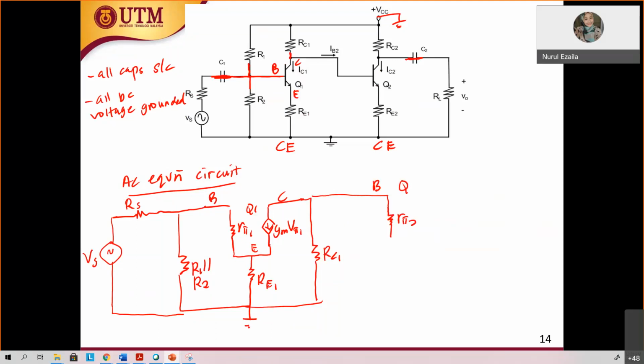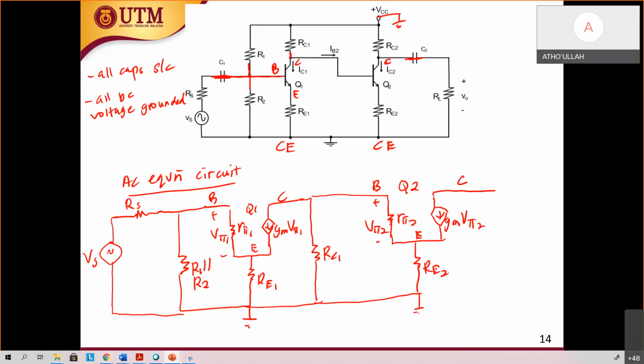So this is Q2, and you have here gm V pi 2. This is V pi 1, this is V pi 2, and you have RE2. At the collector of stage 2, what do you have? RC2 and R pair.